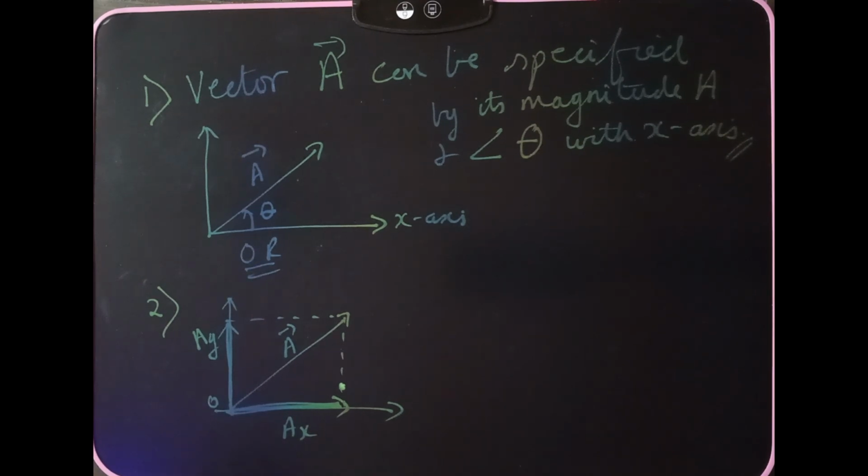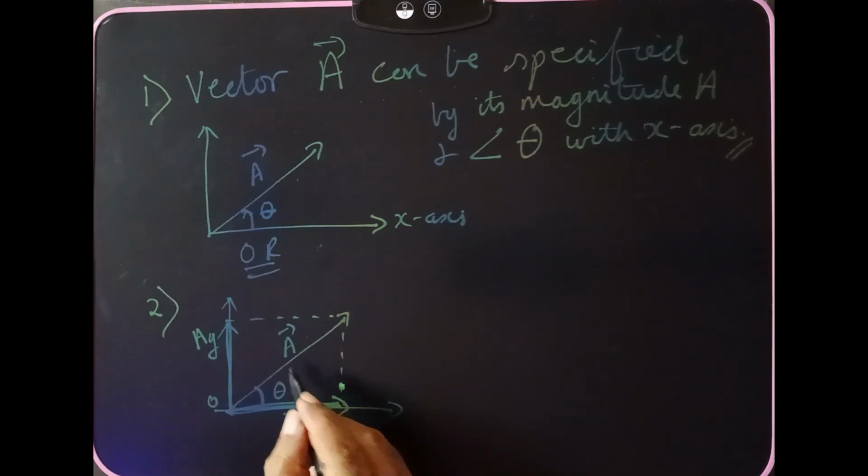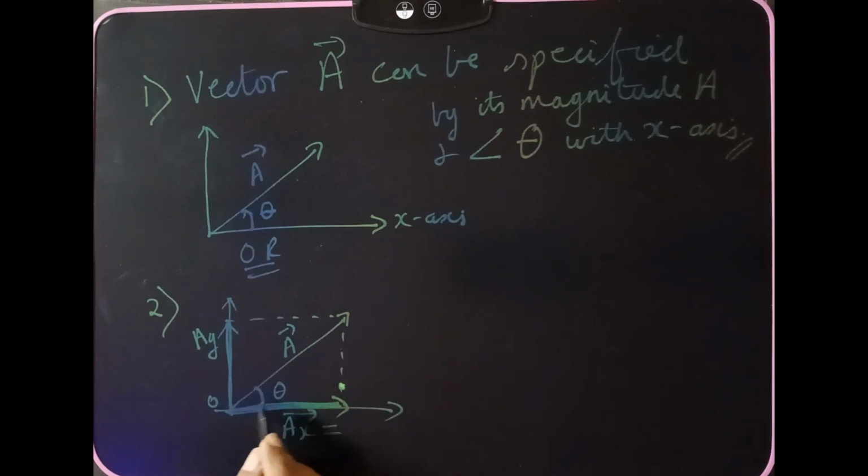So what will we have now? We know that this is making an angle theta. So this component, the vector Ax, can be written as A, this being the adjacent side to theta.